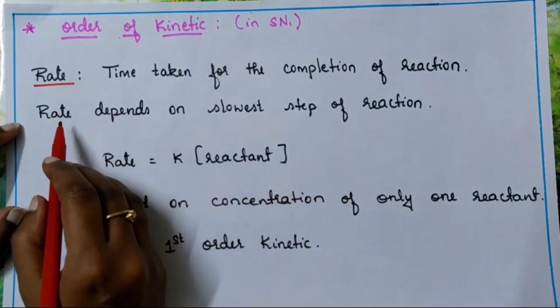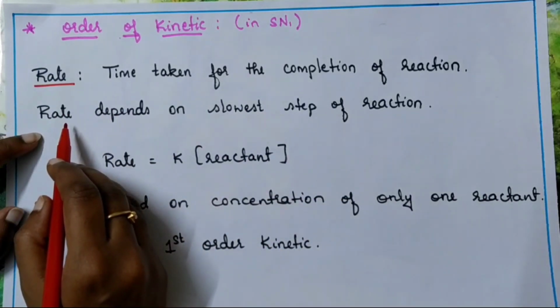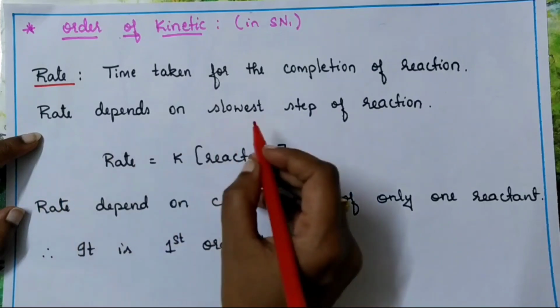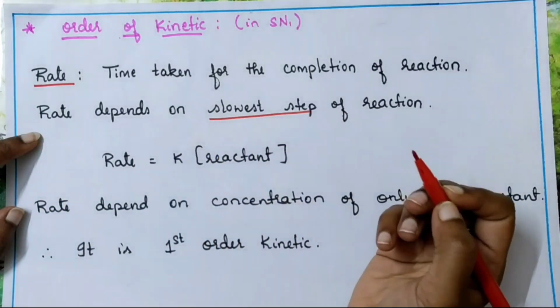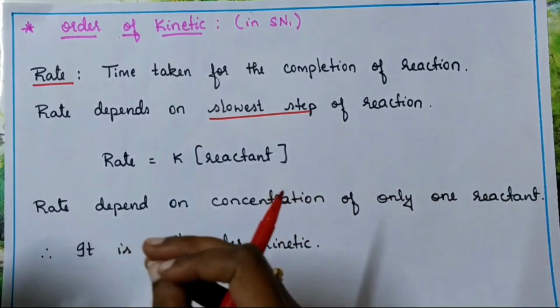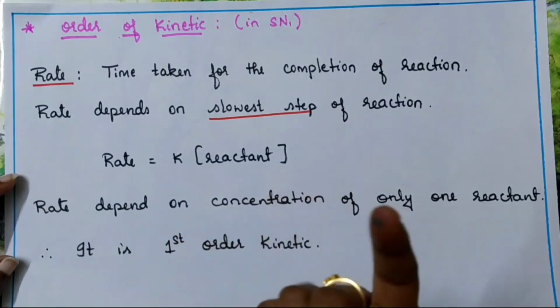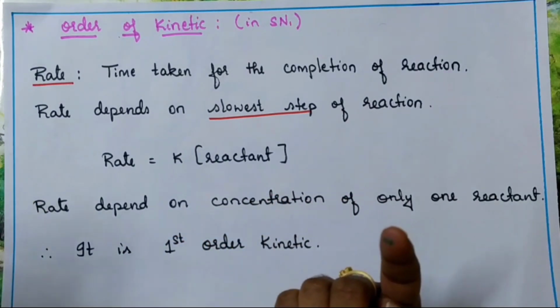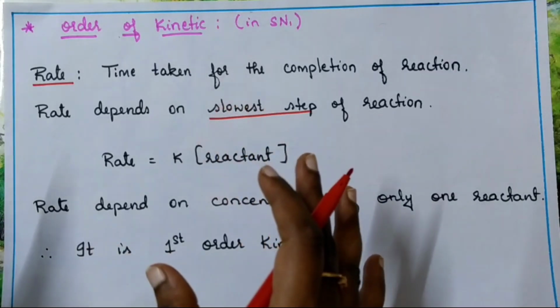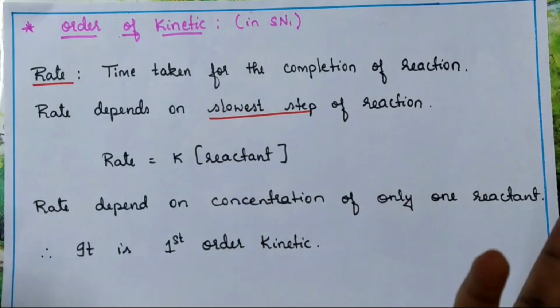This rate of a reaction depends on the slowest step. If the reaction takes place in only one step, then the rate depends on that particular step, and there is nothing like slowest or fastest.